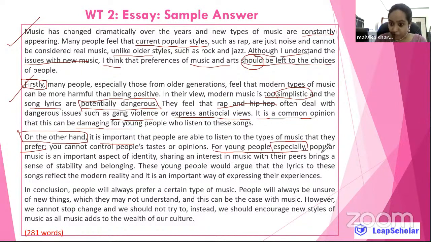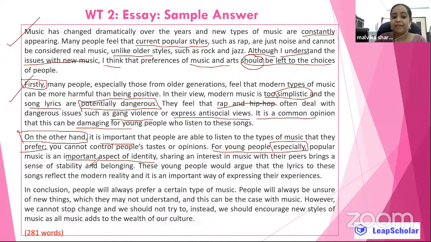popular music, that is modern music, is an important aspect of identity. It is an important aspect to their identity. When they share interest in the same kind of music, they think that they belong somewhere. They belong to some group, they belong with some people. They have that strong sense of identity. They have a sense of stability in their life.